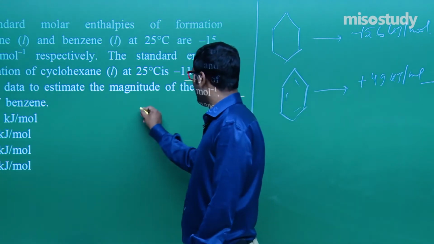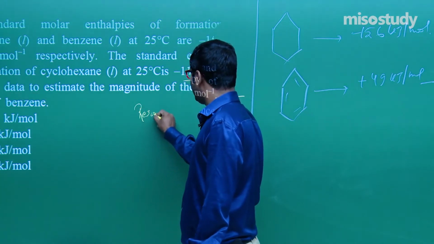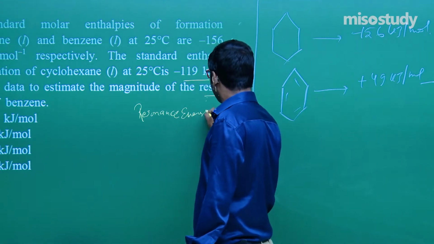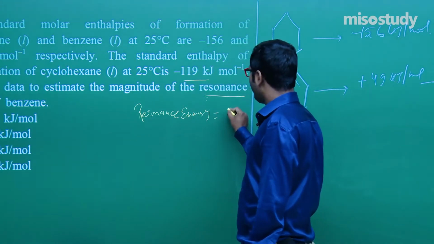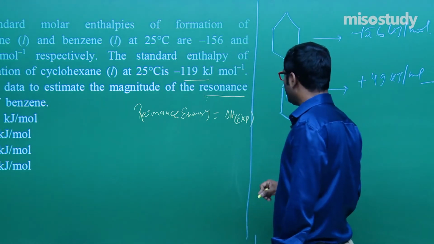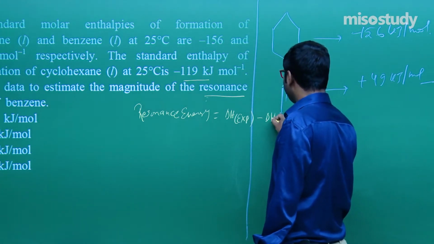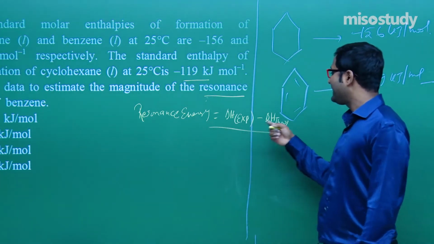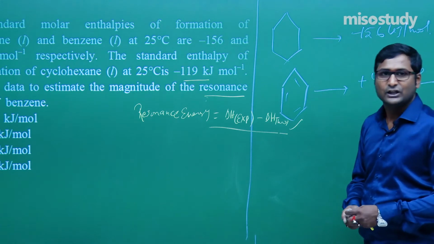We know resonance energy is equal to delta H experimental value minus delta H theoretical value.